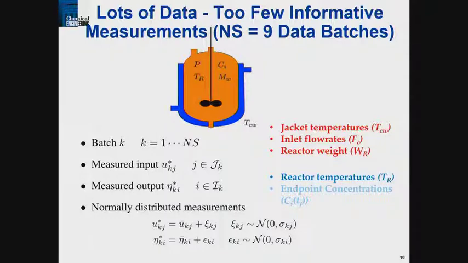We have essentially no concentration measurements. So the way we have to do this is entirely by temperature measurements, okay? Which is a little bit weird, you know, because we've got reactions going on and we can't measure anything related to the reactions except indirectly the energy balance over here.